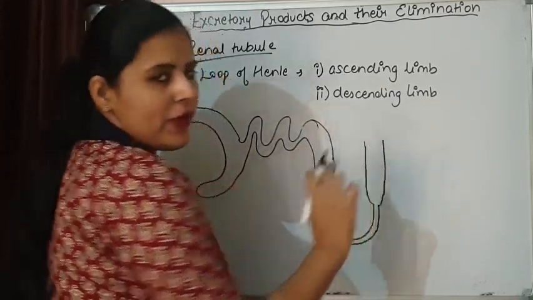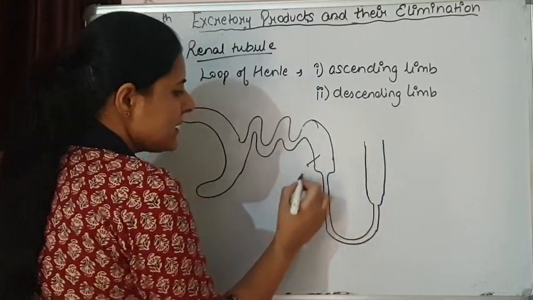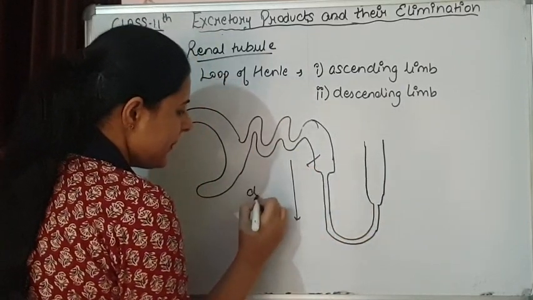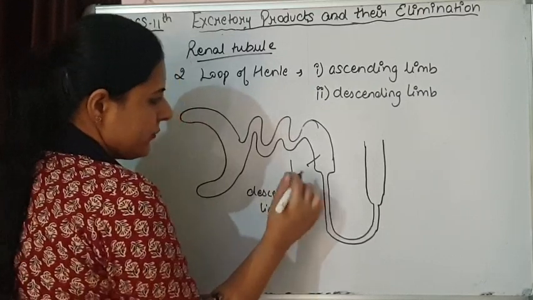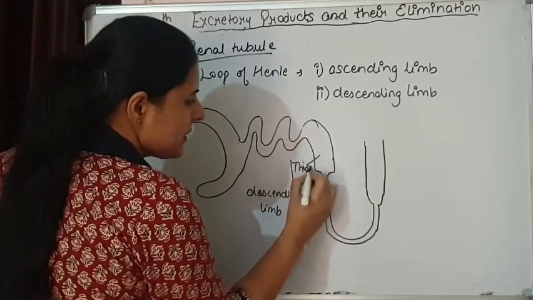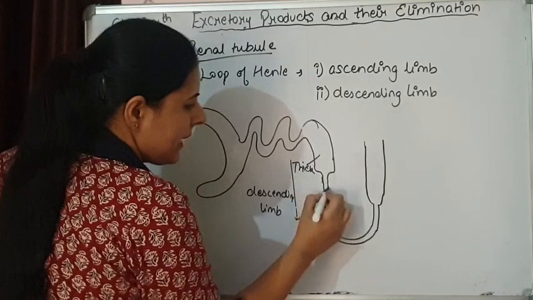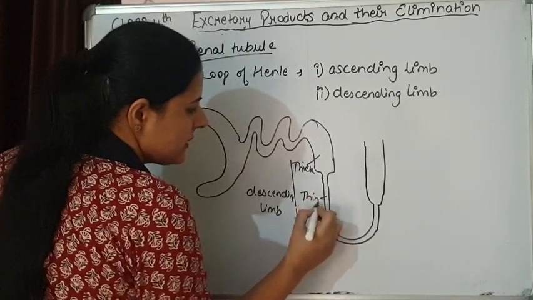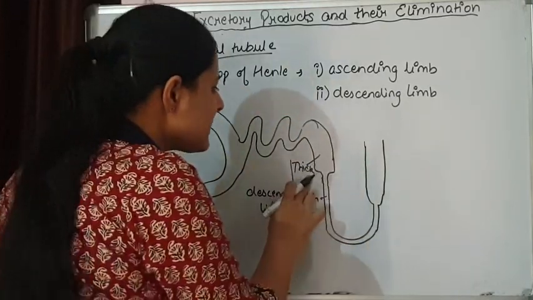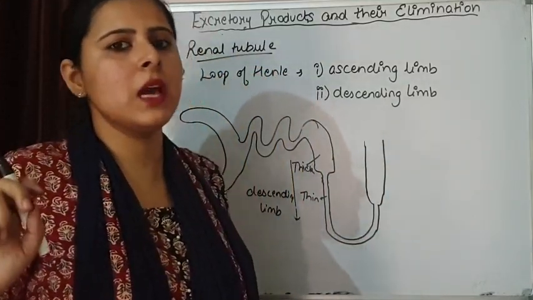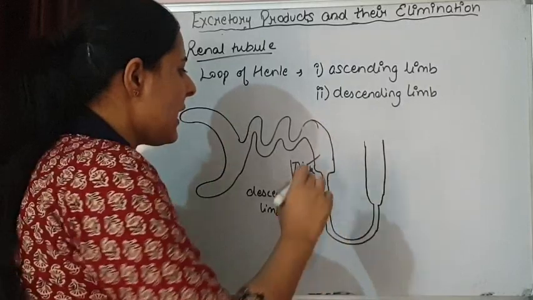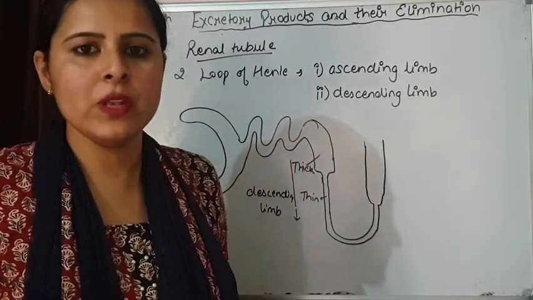This is the loop of Henle, and this is the descending limb. In this descending limb, this is the thick segment and this is the thin segment. This thick segment is also made up of cuboidal cells like those present in the PCT, and they also have brush bordered microvilli.